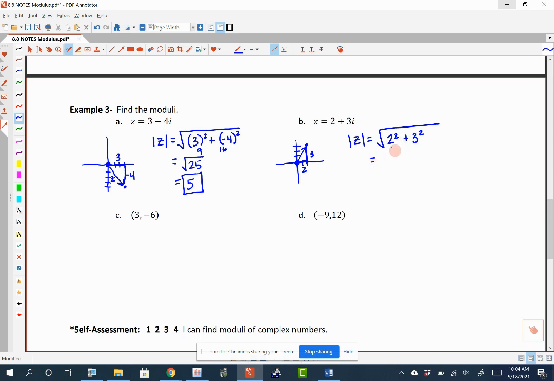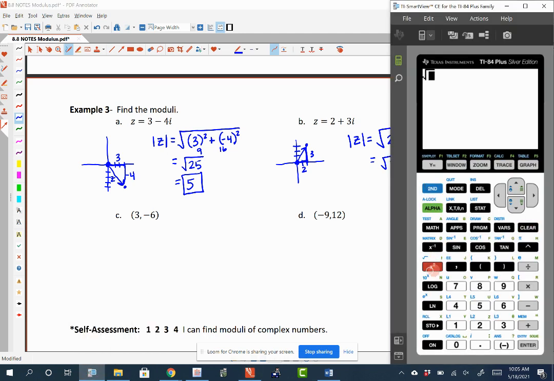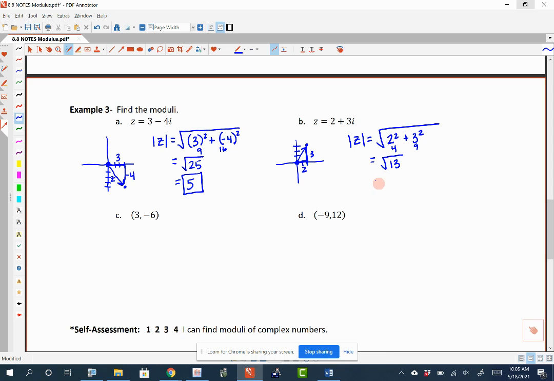So this is not going to be a whole number because we're going to end up with 4 and 9, which is 13. Normally, I would say when we're finding length of something, a decimal is a pretty good choice here. So let's go ahead and use our calculator and find the square root of 13. I should have put this in the directions, but let's just round to the nearest tenth. So 3.6. The length of our modulus would be about 3.6.